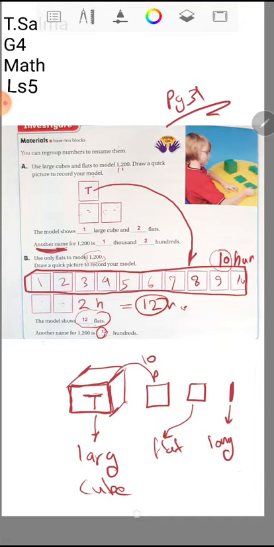So this is another name for the number. So you can name the number by using base 10 blocks. Maybe you will use a large cube and 2 flats, and there is another way. You can use 12 flats. It's up to you. You can use any way, okay?